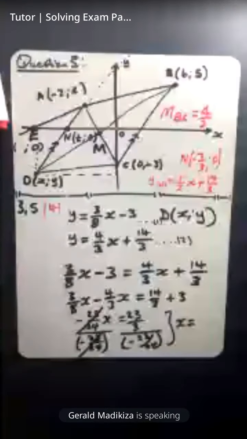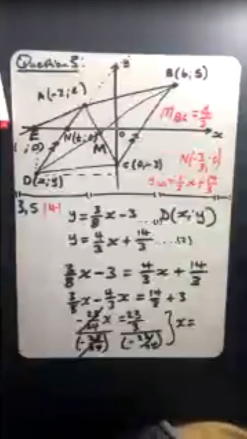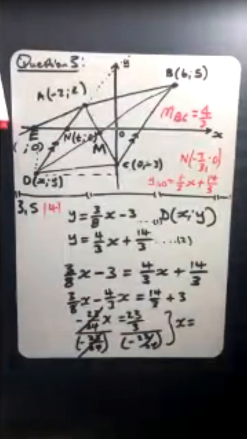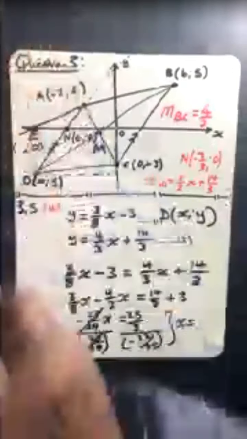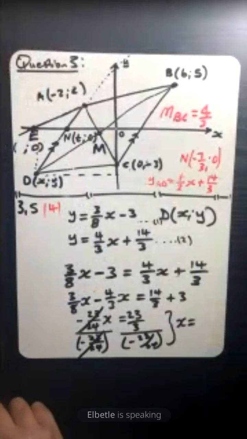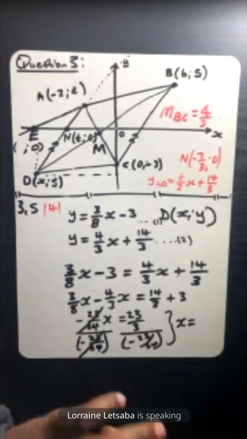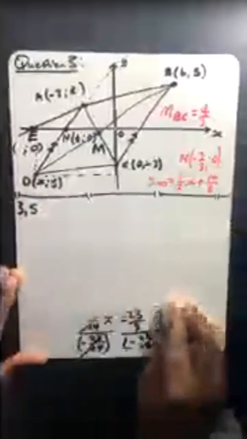So that one who asked how we got -8, does it make sense now? Are you happy? Yes, sir. Okay, 100%. So now we can move to the next question.